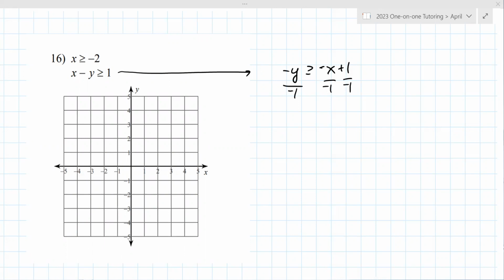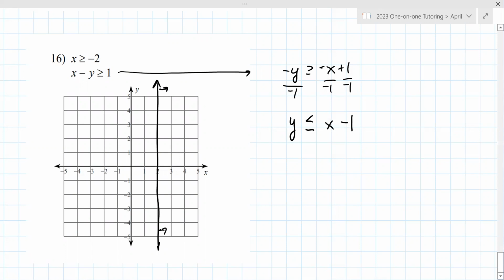All right. You think you got it? Yeah. All right, so x greater than or equal to -2. Hopefully you graphed a vertical line indicating you're going to shade to the right. This is y less than or equal to x minus 1. Does that match what you have? Yeah.